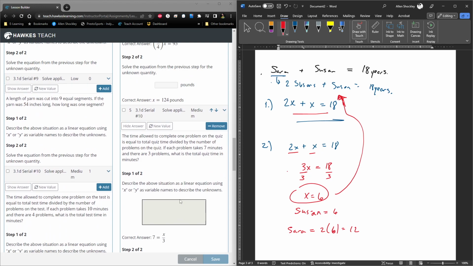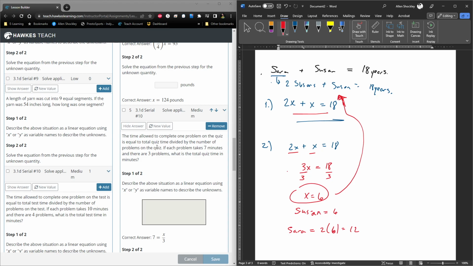This one, 7 minutes, 3 problems. Each problem takes 7 minutes, and there are 3 problems. What is the total quiz time in minutes? The time allotted to complete one problem on the quiz is equal to the total time divided by the number of problems.